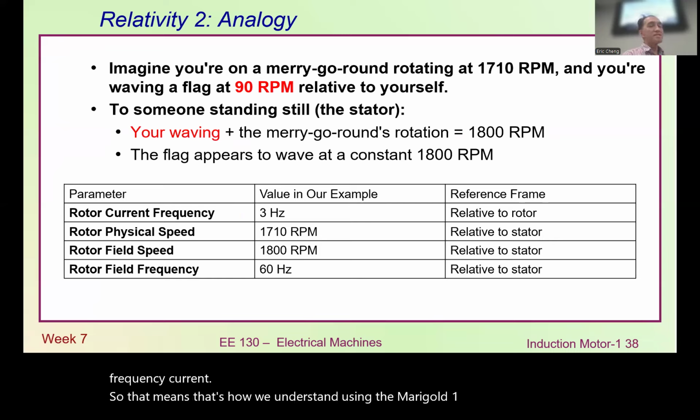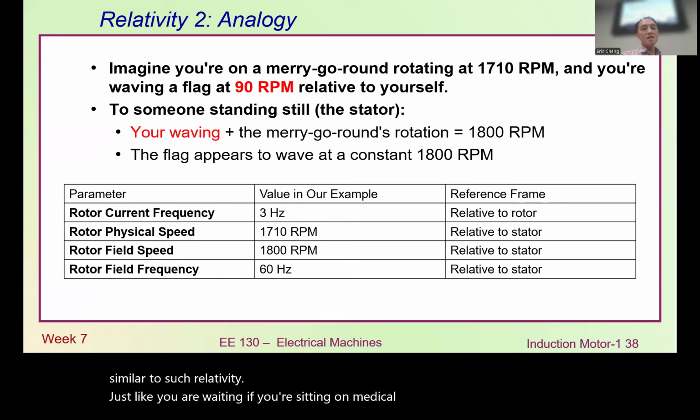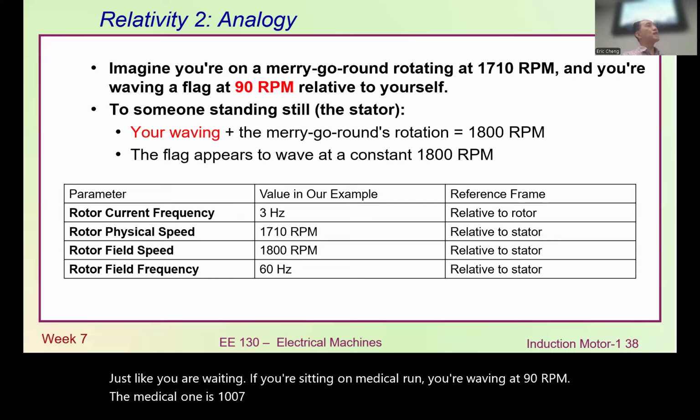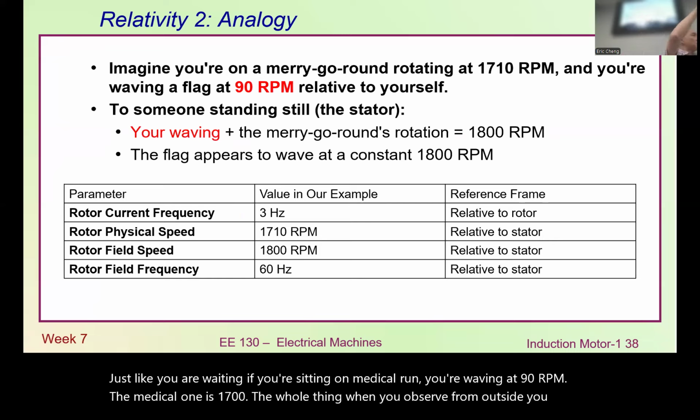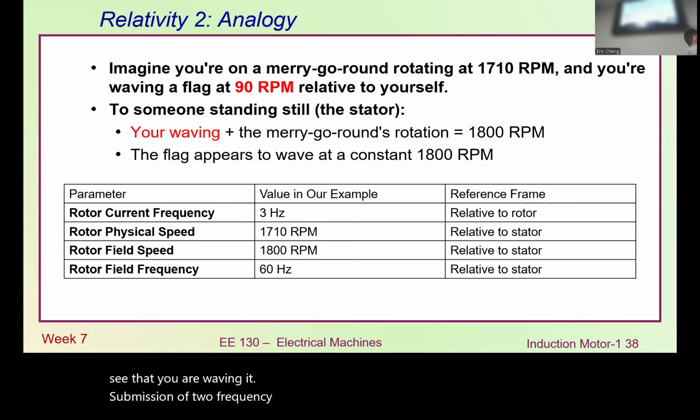So that is similar to relativity. Just like if you are sitting on a merry-go-round waving at 90 RPM, and the merry-go-round is at 1,700, when you observe from outside, you see that you are waving at a summation of two frequencies.